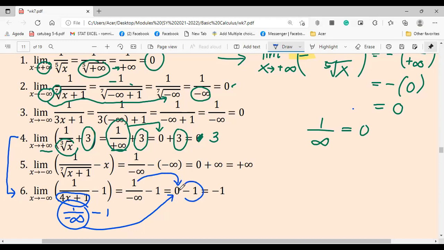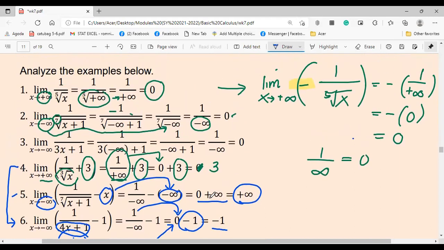So 0 minus 1 is negative 1. Okay? Ito namang number 5, dahil ito ay x, not constant, that is identity, gagayahin niya ang movement ng x here. X keeps on increasing o siya din mag-i-increase. Kaya siya identity function. Identical sila. So a 0 added to infinity is positive infinity.